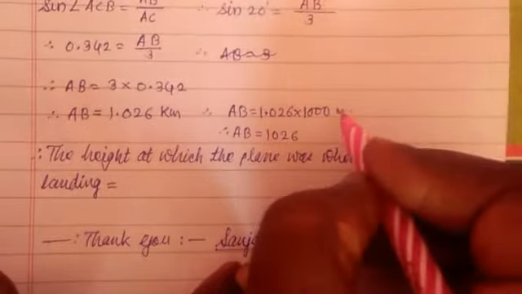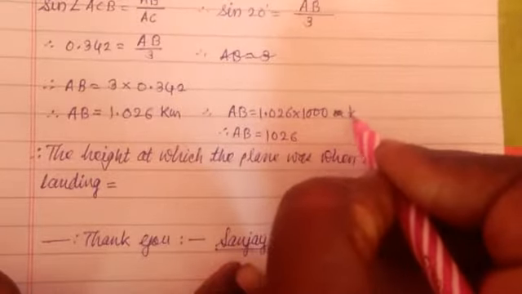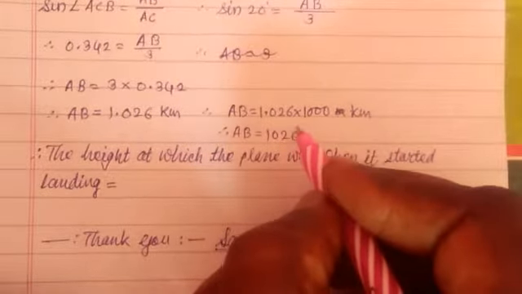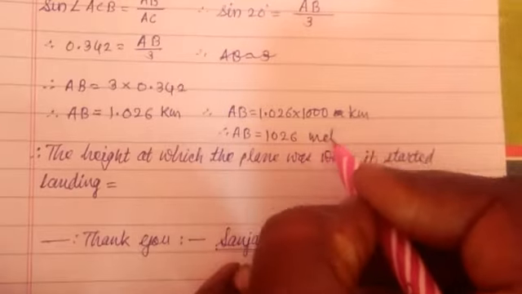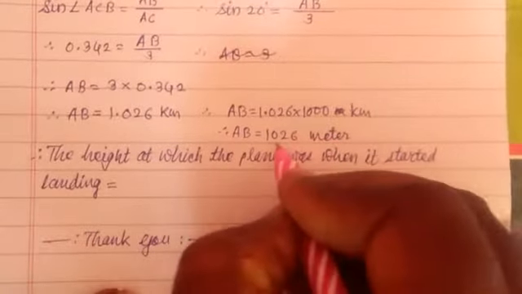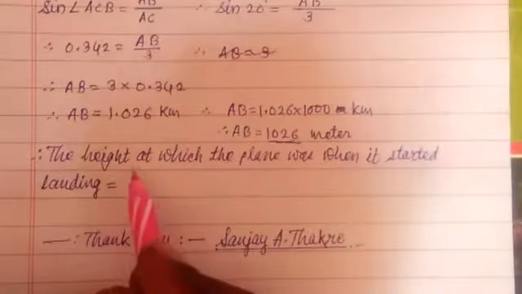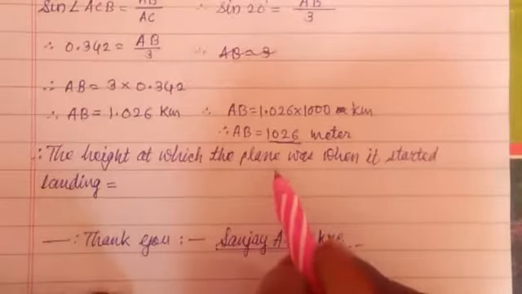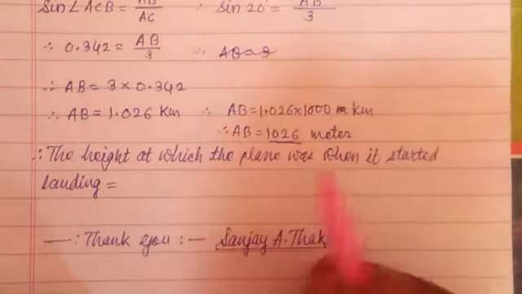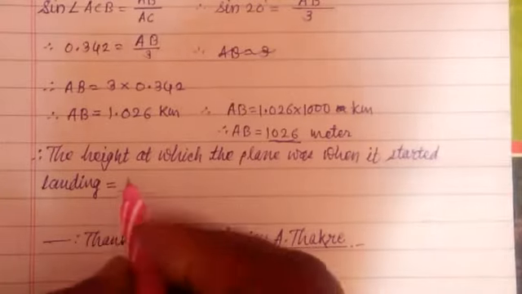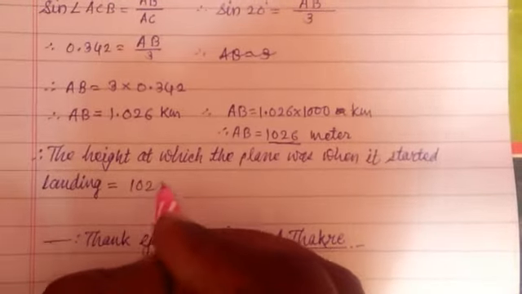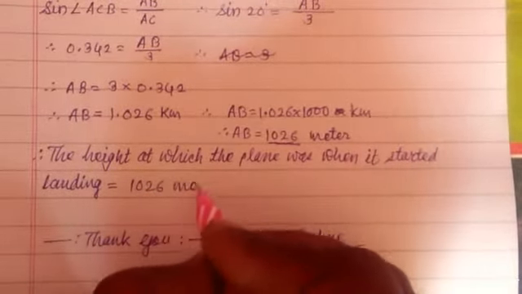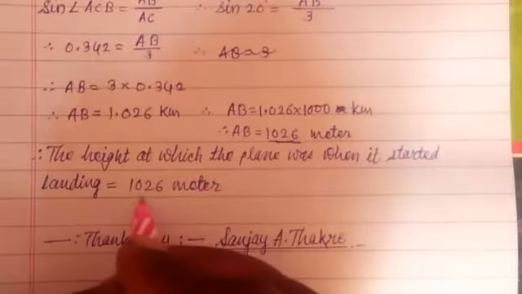This is kilometer, now this is meter, and hence the height at which the plane was when it started landing is equal to 1026 meter. This is the answer.